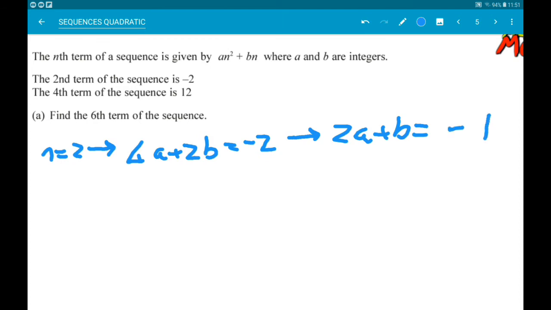Okay, then we're going to do the same for the fourth term. So when n is 4, we are going to get 16a add 4b, and that is equal to 12.